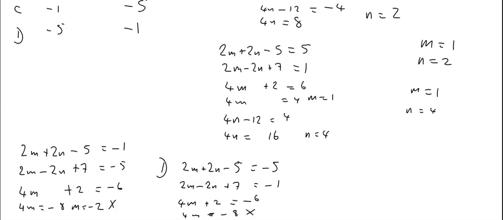But that again will be another minus number which we're not interested in, and so my answers are m equals 1, n equals 2, or m equals 1, n equals 4.